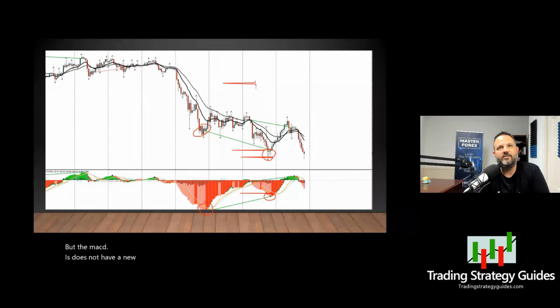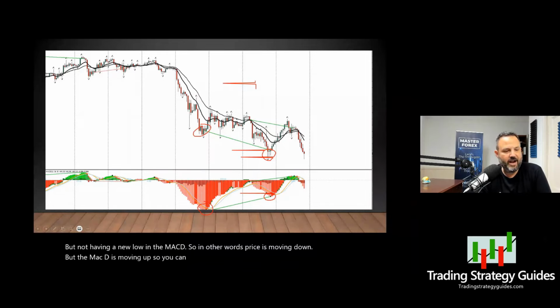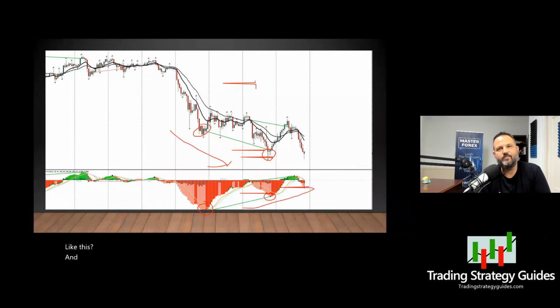So we have a new low in price, but not a new low in the MACD. In other words, price is moving down, but the MACD is moving up. You can see that price is moving down like this, and the MACD is moving up like this, right?